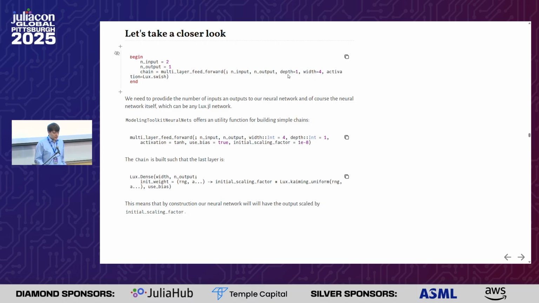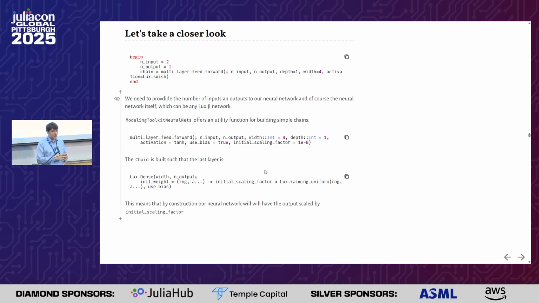And ModelingToolkit neural nets also offers some simple utility functions for building such neural networks. And one important thing to note here is that the neural network created by our utility function has, at the end, a last layer such that the weights are multiplied with a very small number, so that initially, when we add this to the system, it doesn't affect much.